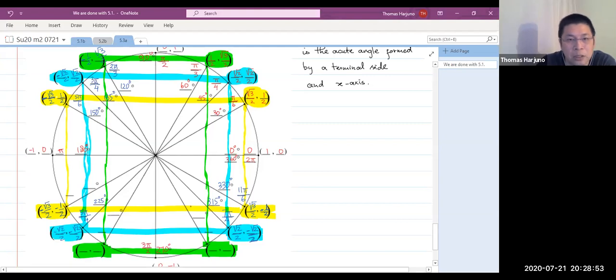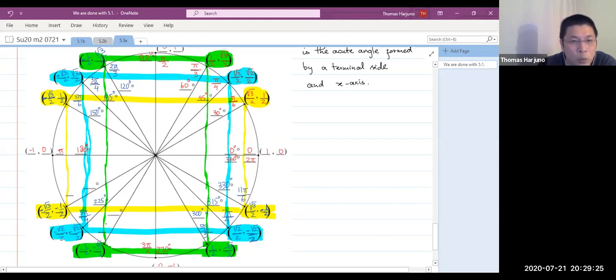Now this is 60 degrees from 360. This is 300 degrees. This will be 5 pi over 3, and the coordinates will be 1/2, the same x as the one in the first quadrant, but the y will be the opposite, negative radical 3 over 2. The one here will be negative 1/2, negative radical 3 over 2.